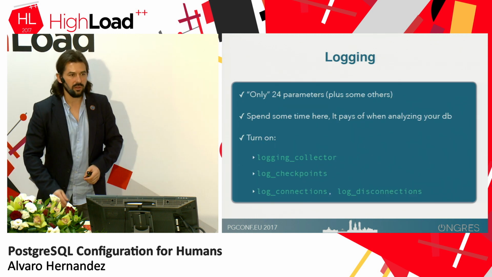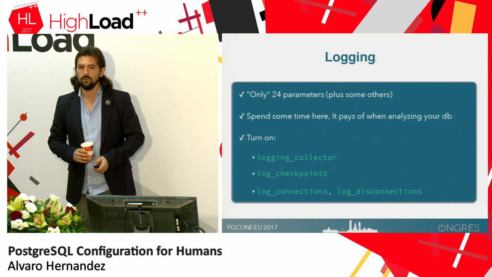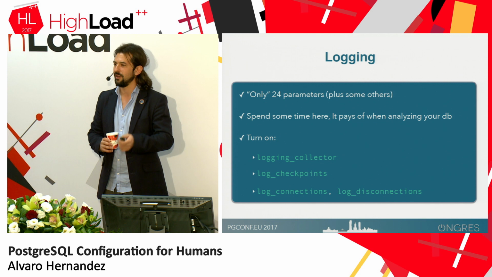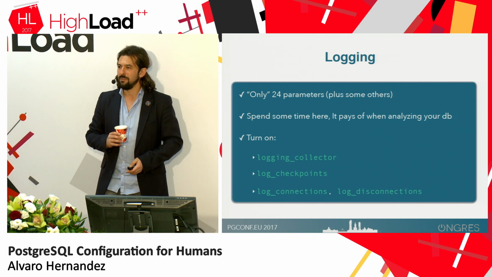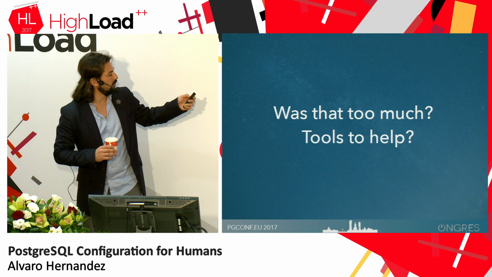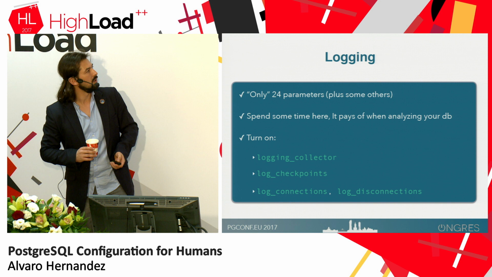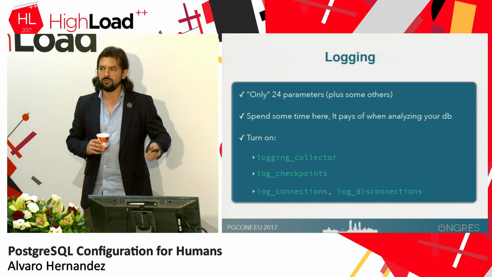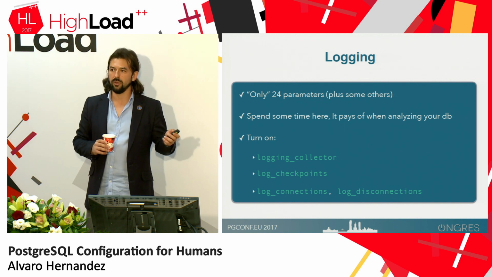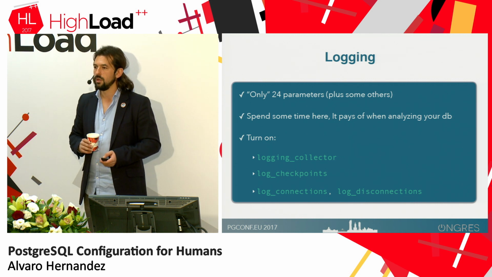Logging. Well, this is actually one of the things people don't spend a lot of time on because it doesn't affect performance. Well, unless you do it really wrong, but it doesn't affect them in a way that you don't want. But it's actually complex. There are more than 24 parameters there, right? That's a lot. But I would suggest you spend some time here because it helps you when you need to debug a performance problem on your database.